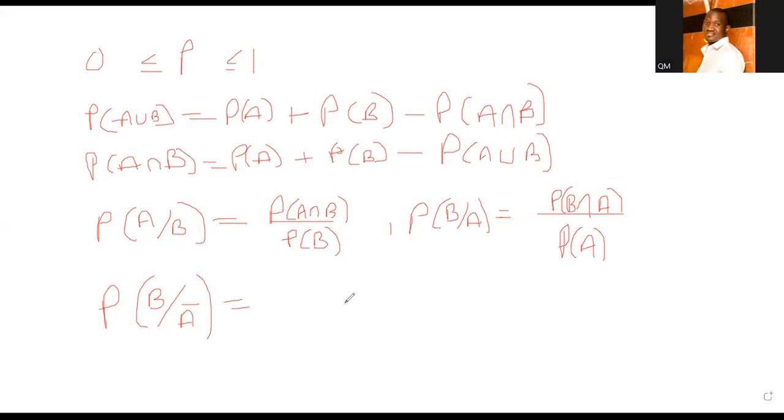So this is what comes down there, A complement. And here we're going to have the probability of what? B intersection A complement.